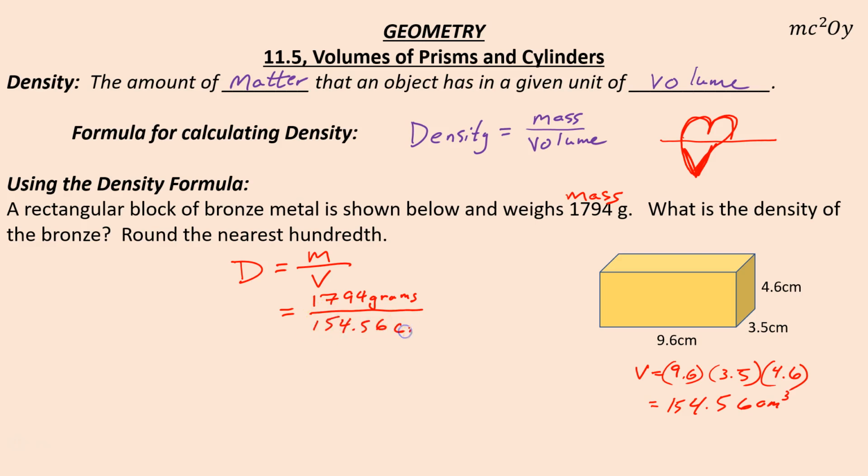So when we do 1794 divided by 154.56, we get 11.61, rounded to the nearest hundredth, grams. Notice that's my label on top, and my label on bottom is cubic centimeters. That becomes your label for your density, grams per cubic centimeter, because those were your labels there. You've got your division in between.